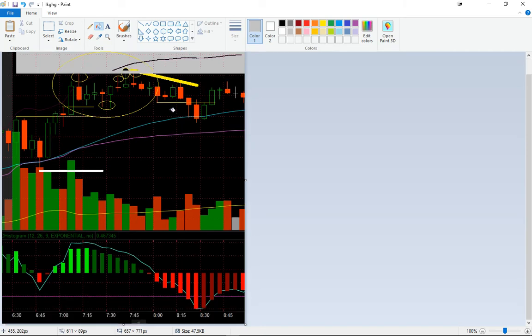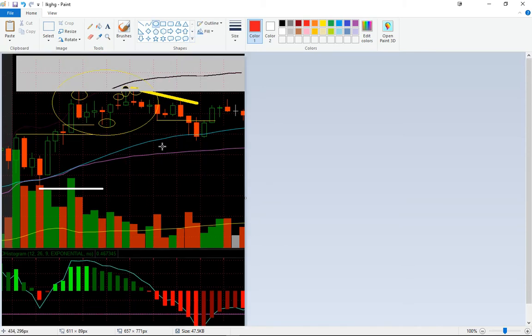The cup and handle is basically, this is the cup, the bottom of the cup. It's an upside down cup. This is the handle. Okay. Now, the top of that cup is right here. Okay. Right there where that low was.